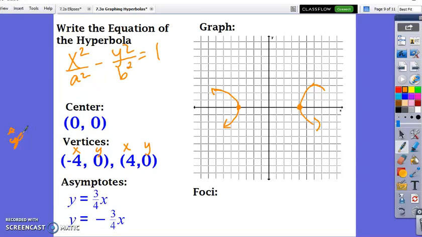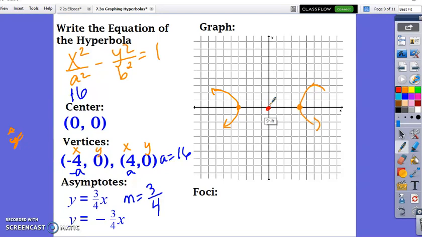Okay, so this is going to be my -a, my a, so my a squared is going to be 16, since a is 4. The asymptotes, remember, that's my slope of my line, 3 over 4, that's the slope of that asymptote. So the center's at 0, 0.